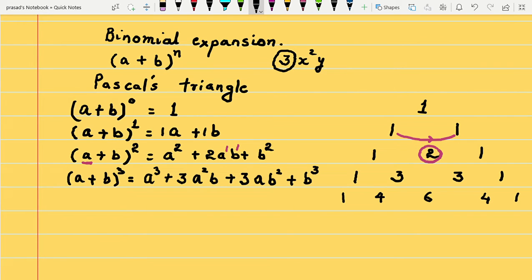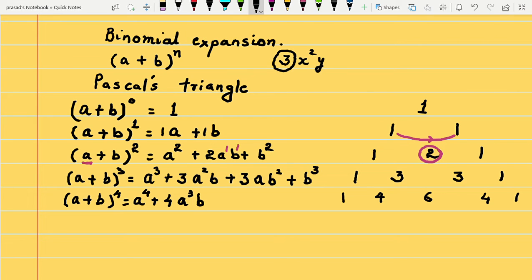Now, if I continue like this, the next row will be 1, 4, 6, 4, 1. So that means the expansion of a plus b to power 4 will be, first term will be a's full power, a to power 4. Then the next coefficient is 4. a's power I will reduce by 1. Introduce b here.